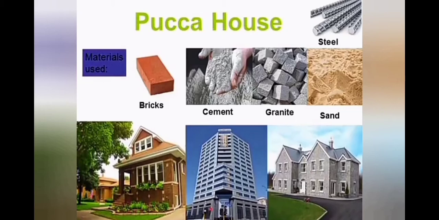So people make houses with bricks and cement, which are called pakka houses. Houses made of mud and straw are called kacha houses. A house made from blocks of ice is called an igloo. Some are permanent houses.